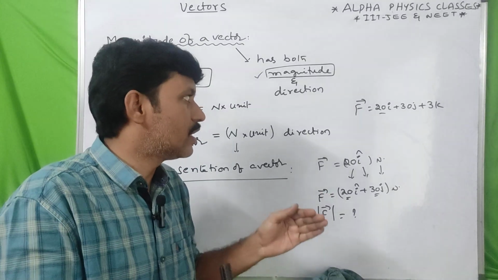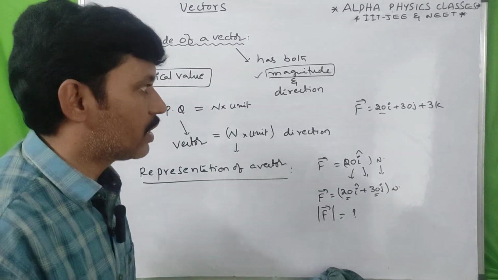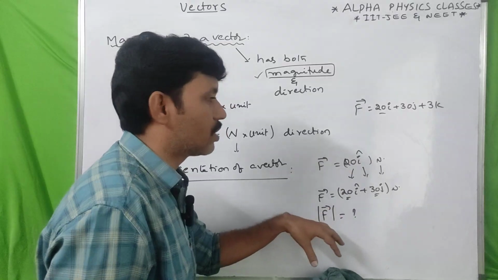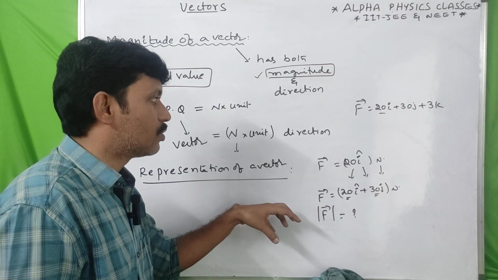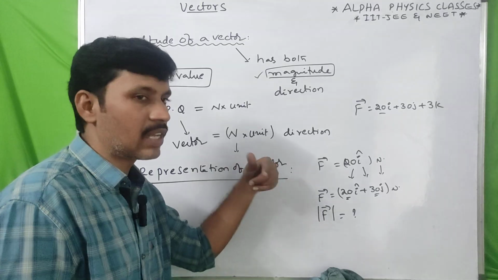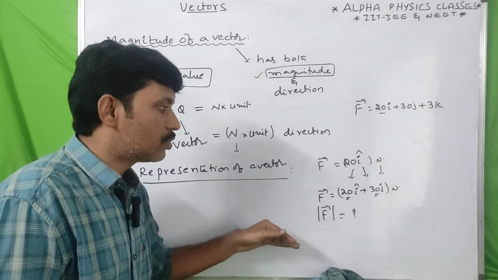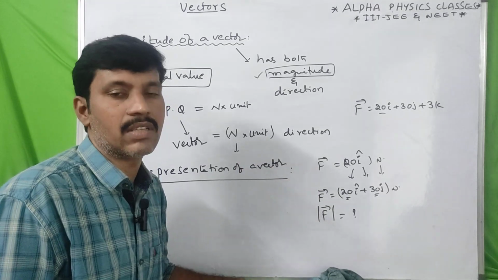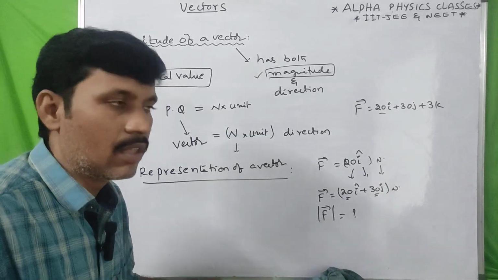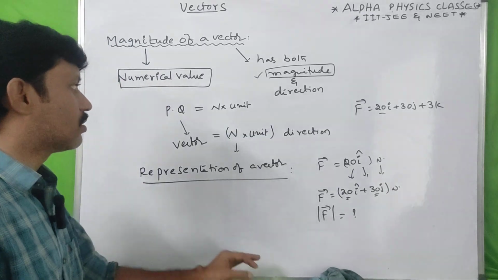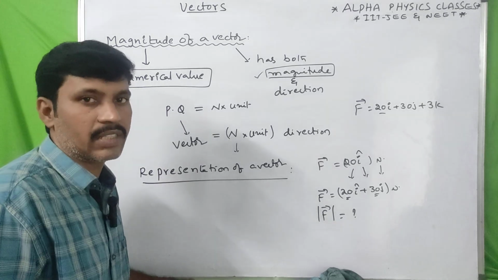That means how many newtons are there? We find it by the magnitude concept. In one dimension, the number in front is the magnitude. But what about when a two-dimensional or three-dimensional vector is given? How do we find it? It is a very small topic; I can explain and give some more examples.